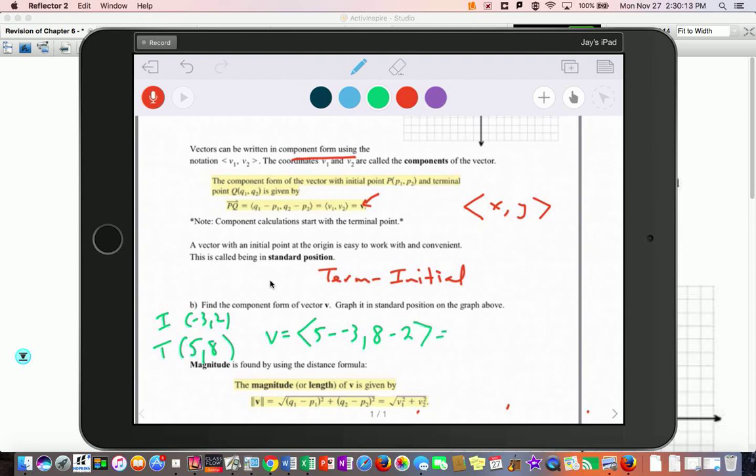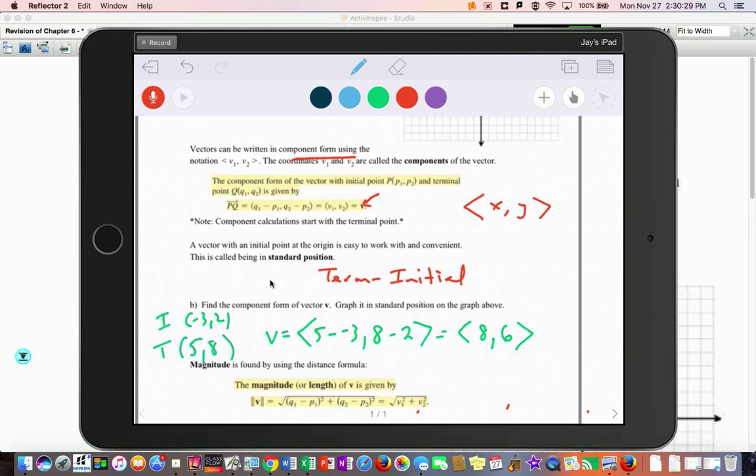And so what I end up with is 8, comma 6, and I use those, kind of looks like a 67, angled brackets to indicate component form.